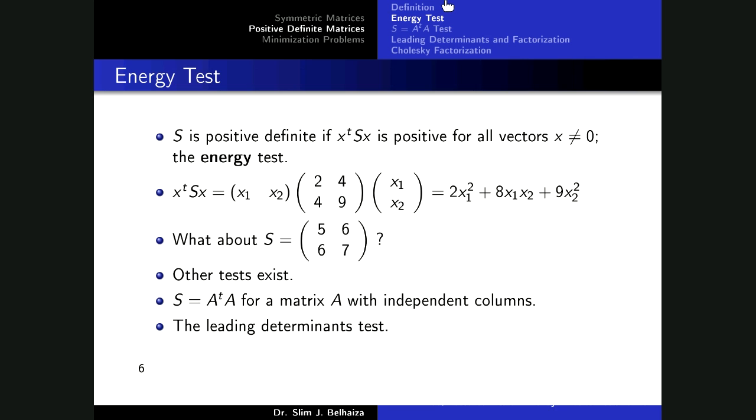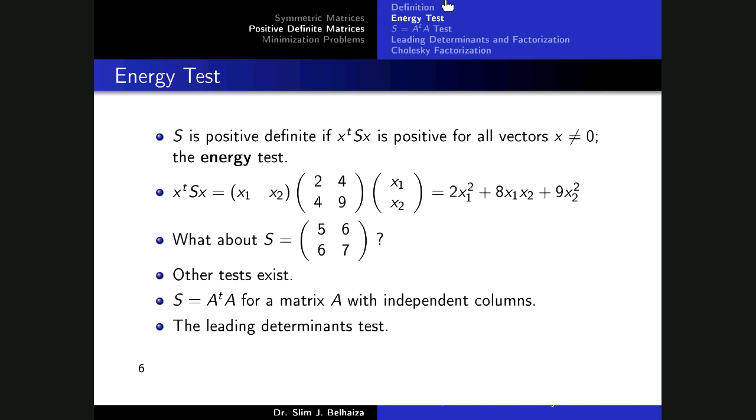And what else? Indirectly, Shabab, you've seen it in Calculus 1, when we try to find the critical point and we check that the function is concave up. What are we doing? We're checking the sign of the second derivative, right? So this is one of the criteria used to identify positive definite matrices, and one of the reasons we're doing this work.